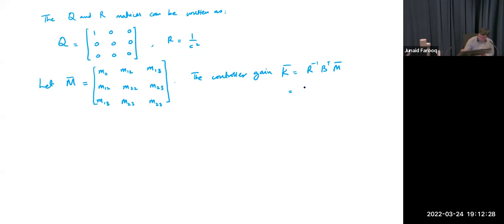So if you compute this, it will turn out to be C squared times 0, 1, 0 times M bar. So we only pick one of the columns. So that eventually turns out to be C squared times M12, M22, M23. It's this row here. Okay, so basically we just need to figure out these three values in order to find the gain K.